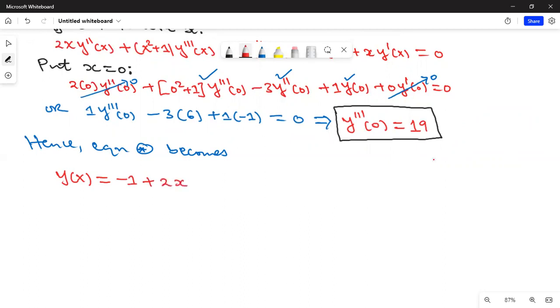Then y double prime, we got 6, so plus 6 over 2 factorial x squared, plus 19 over 3 factorial x cubed, plus so many other terms.